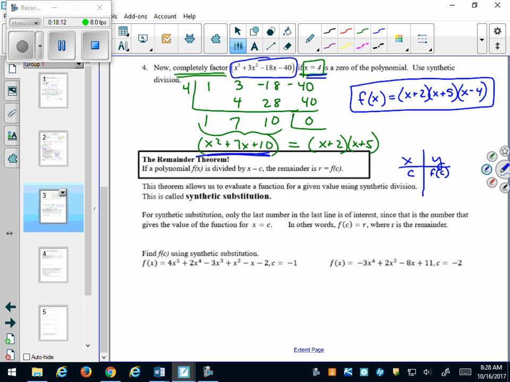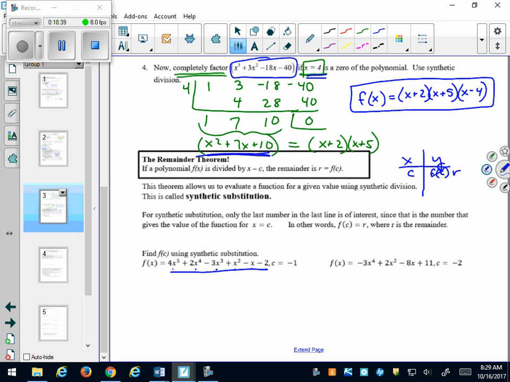If it was a big, long polynomial like this, and you plug in some x, you're going to plug it in everywhere there's an x, and you're going to get some value as your f of c, your y. Well, with synthetic division, that value is the remainder. The remainder will be the solution as if you plugged in x everywhere.